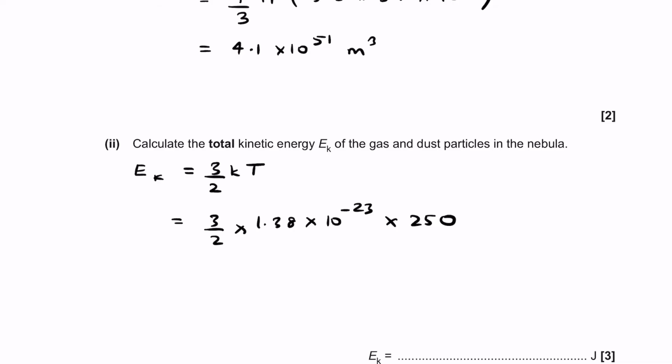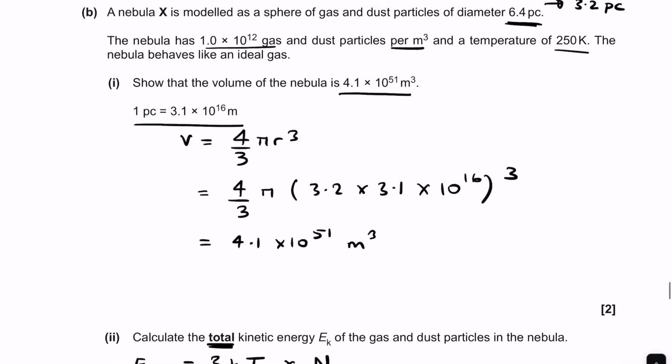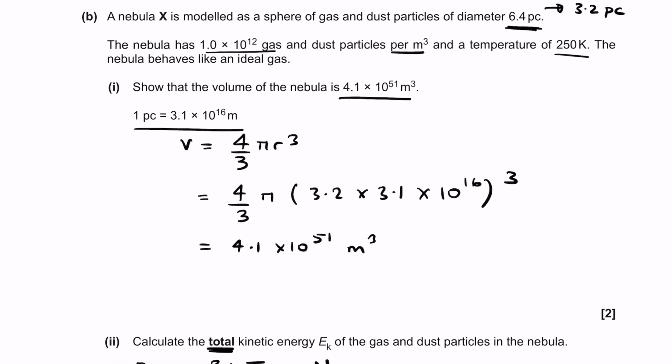However, it is the total energy that they're talking about, so you must multiply it by the number of particles that you have. I'm just going to call it capital N. The number of particles given to us of the gas and the dust were 10 to the 12 per meter cube. So that's what I've got to use over here.